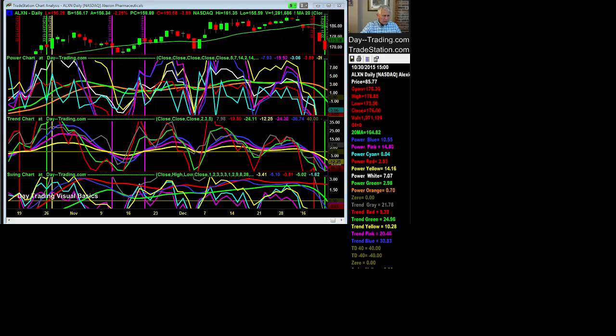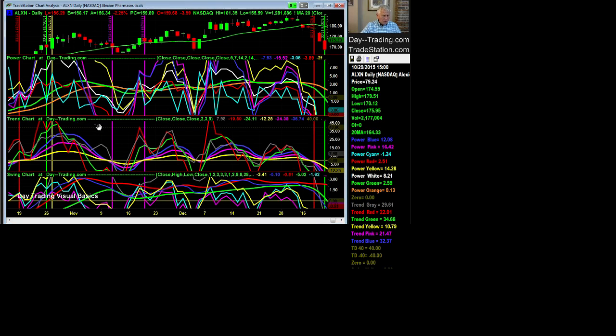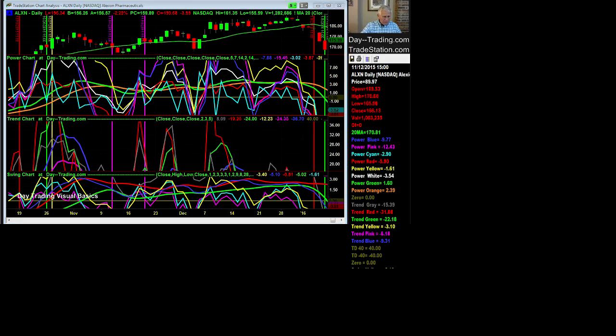But the real identification of your trend trio, blue, pink, yellow, is way up here on the peak. At some point, this blue line turned down, and if we expand it a little bit, I don't know if it went up or not. I can look to be real specific.